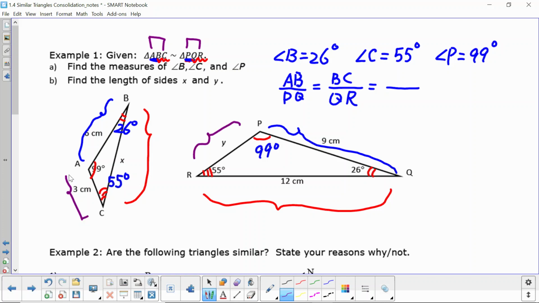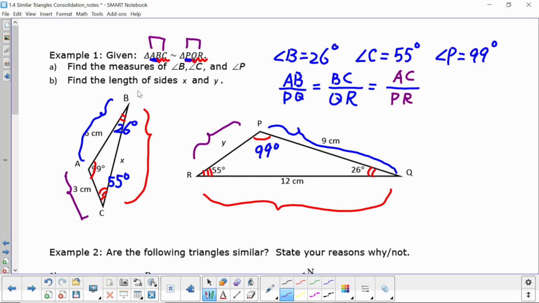So from the first two letters, the last two letters, and the first and the last letters, it will be easier to find the corresponding sides. So we use the first important property of similar triangles: corresponding angles are equal, to find the angles.